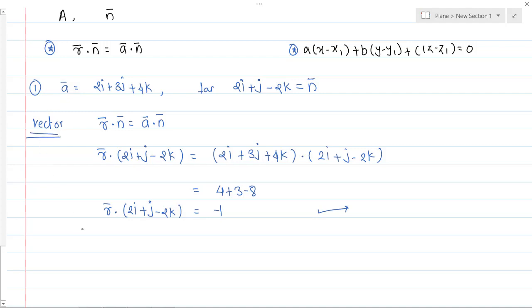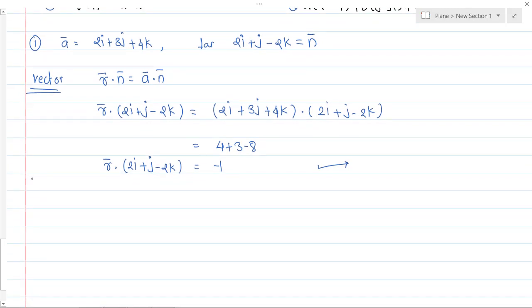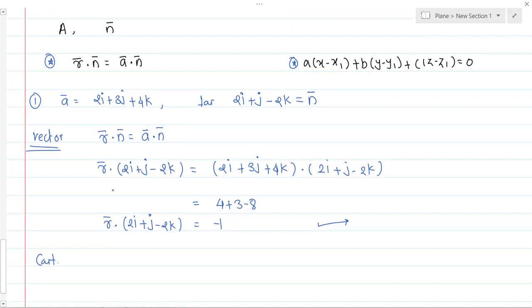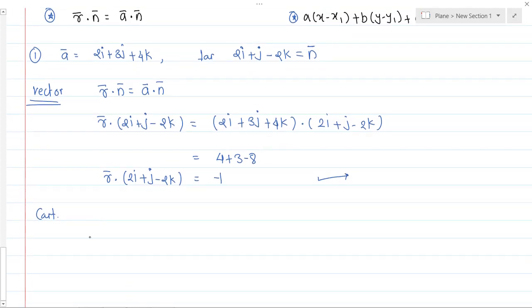Let's have the same equation in the Cartesian form. In the Cartesian form I require the direction ratios of the perpendicular vector and the coordinates of the point through which the plane is passing. If 2i plus 3j plus 4k is the position vector of the point A, then the coordinates of A are the coefficients of i, j, k, so it is 2, 3, 4.